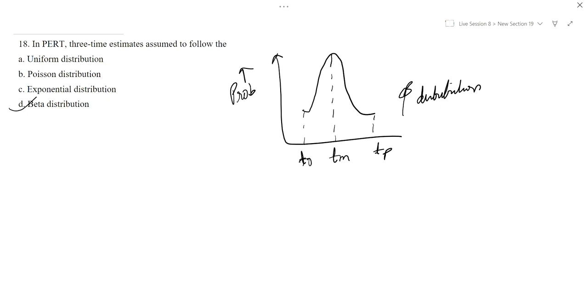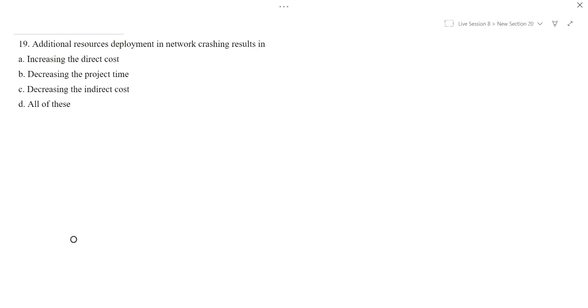Next question. Additional resources deployment to network crashing results in decreasing the indirect cost. Now, we had discussed what is indirect cost, direct cost. So, indirect cost is the cost not directly involved in the execution of an activity but required for timely completion of project.